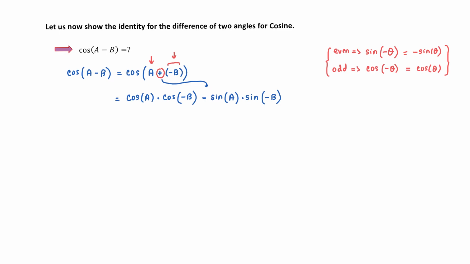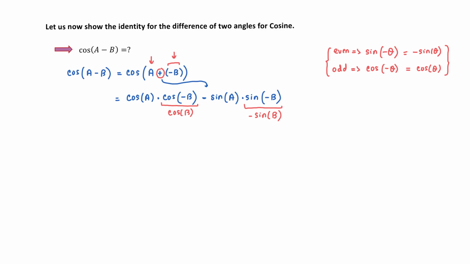So look at this. We're going to use the fact that cosine is even here. This is just equal to cosine of B. And here, the fact that sine is odd, so that means that this will be equal to negative sine of B. And what is really nice, notice over here, this minus that was already there, with this new minus over here, they will interact together and they're going to give us a plus.